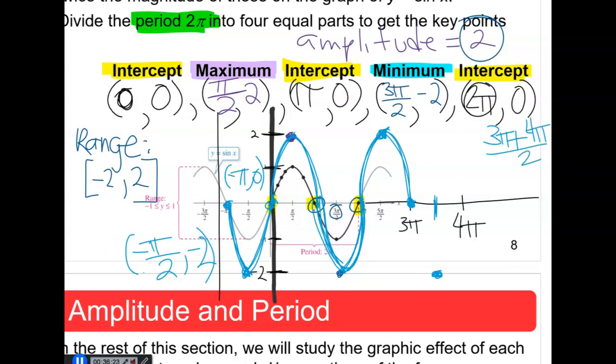And so that will actually be 7 pi over 2, and that will have the y value of negative 2. So 7 pi over 2 and the y value negative 2. And then, of course, we have another x-intercept right here at 4 pi.